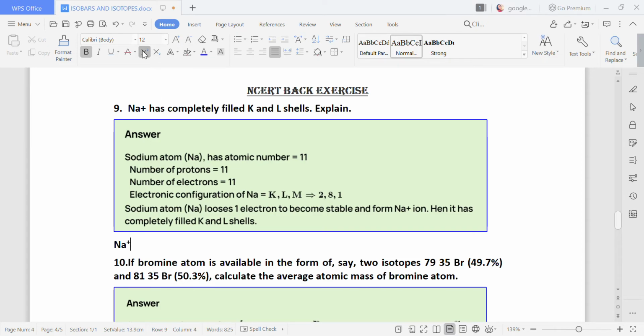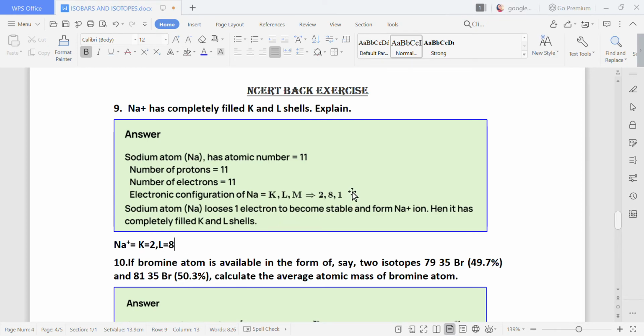Now see, Na plus will have how many electrons? In the K shell, it will have 2, right? And in the L shell, it will have 8. The K shell contains only 2 electrons, so it is completely filled, and the L shell contains only 8 electrons, so it is also completely filled.